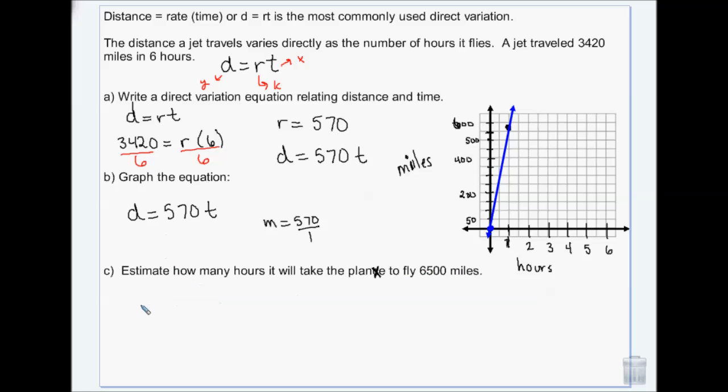For distance, I'm going to put the 6,500, and I'm going to divide both sides by 570. I'm not in the right mode anymore. Okay, so it will take us 11.4 hours in this particular airplane to go 6,500 miles.